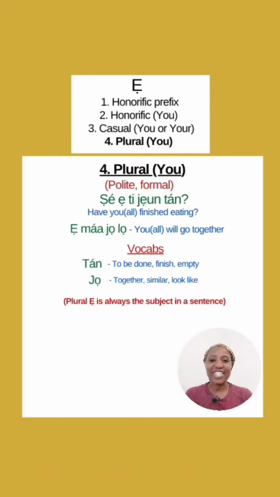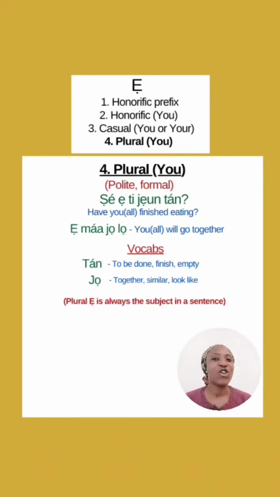Let's see the first example there. It says, ṣé ẹ ti jẹun tán? Have you all finished eating? Have you all finished doing what you're doing? So you in this situation is multiple people, a group of people, more than one person.